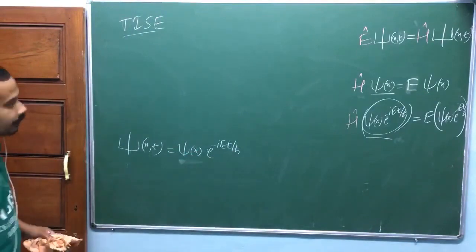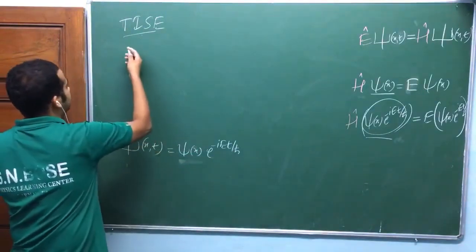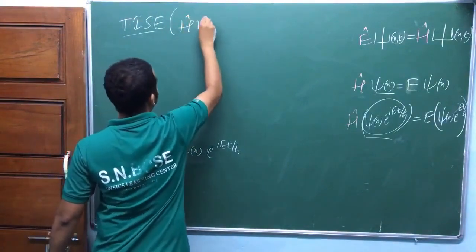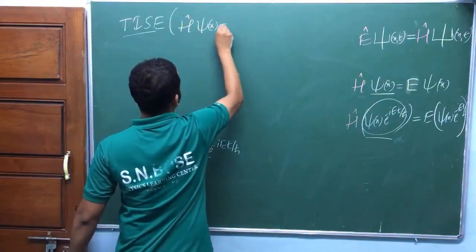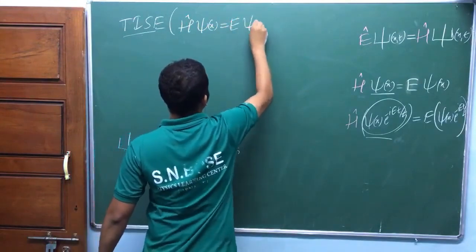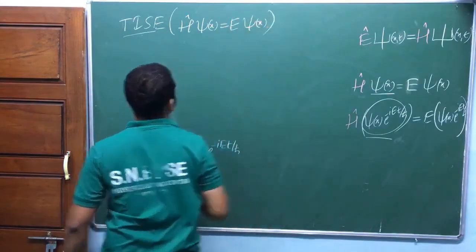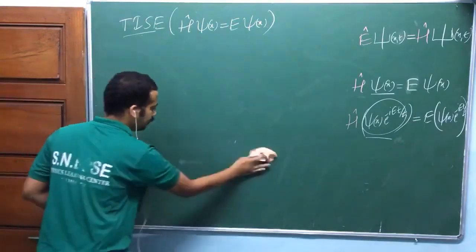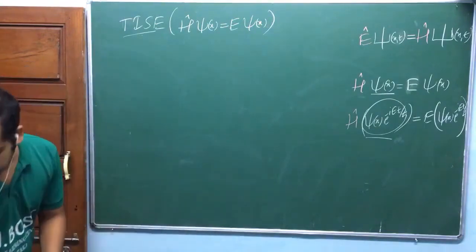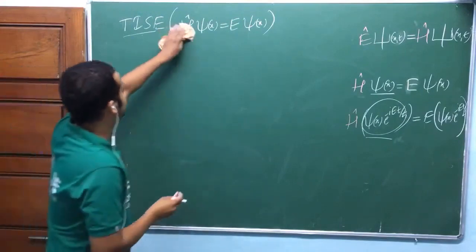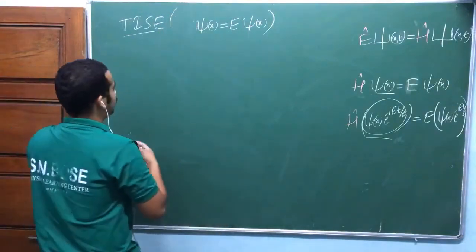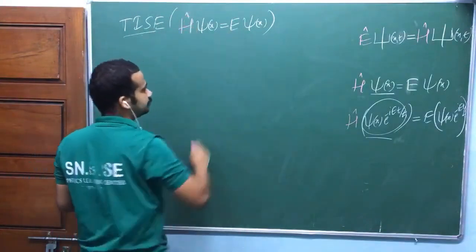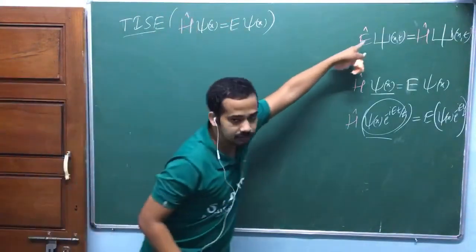Now look here. Time independent Schrodinger equation. What is this one? H cap psi of x is equal to E times psi of x. I better write this H cap operator like this, isn't it? Operator, scalar, operator.